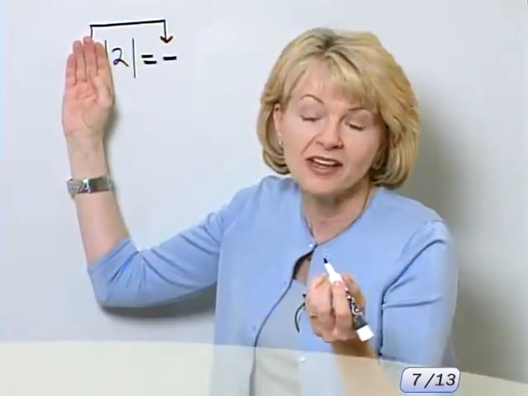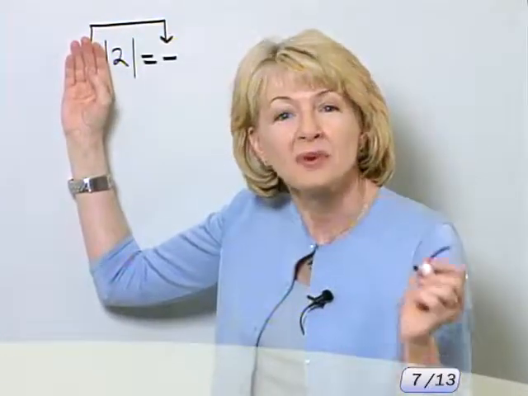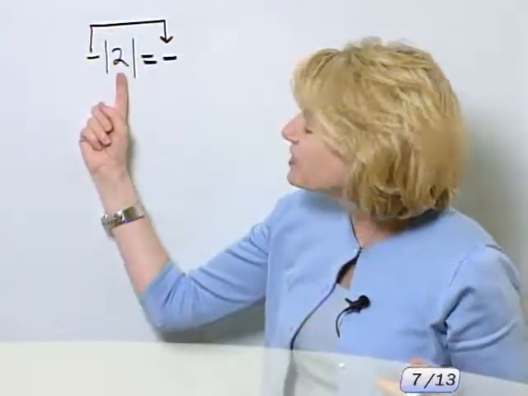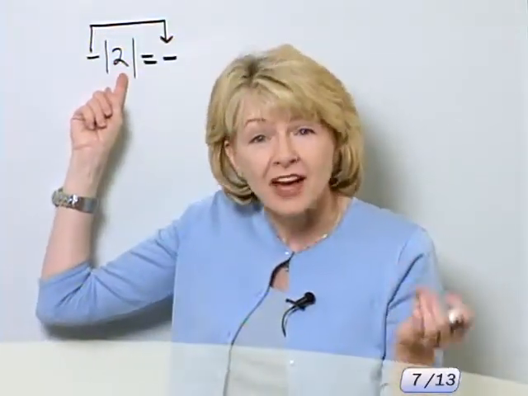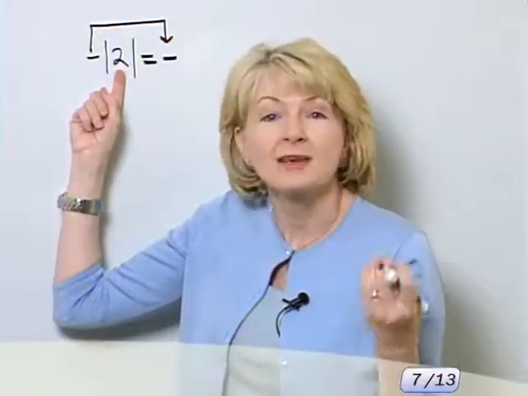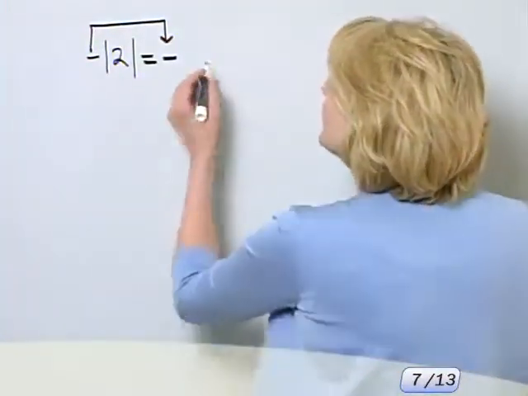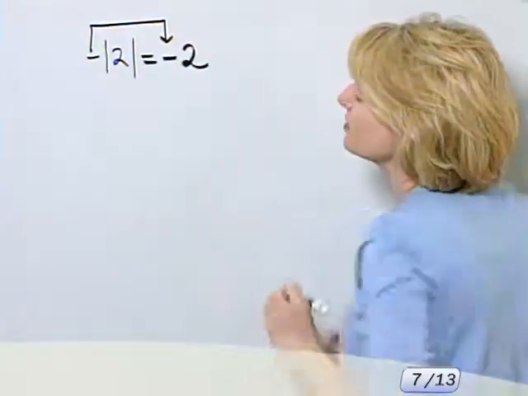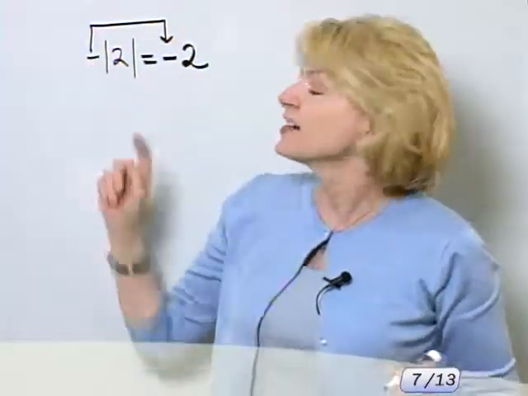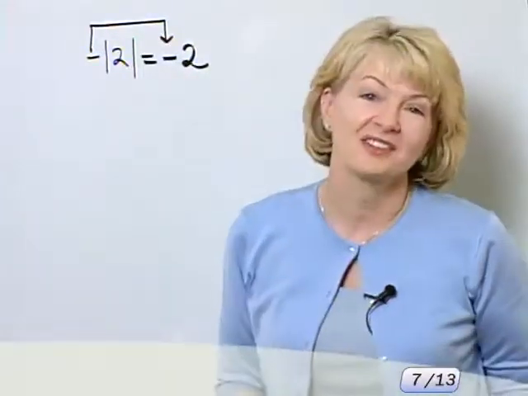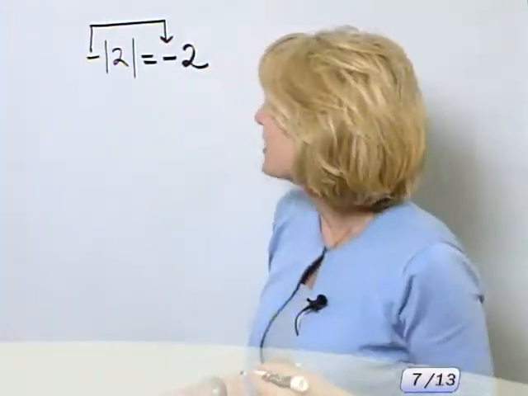Think of it in two ways. The distance 2 is from 0 on the number line is 2, or notice that from our formal definition of absolute value, this is a positive number, so the absolute value of a positive number is the number itself. So the opposite of the absolute value of 2 is the opposite of 2. Let's try that again.